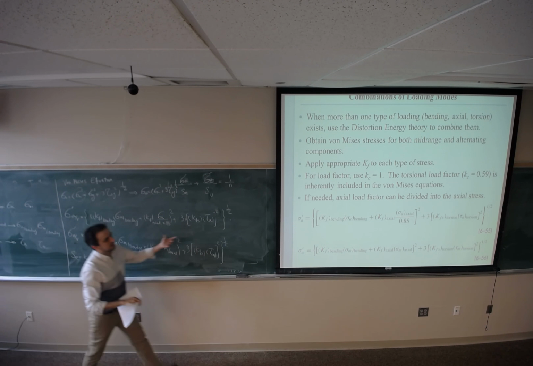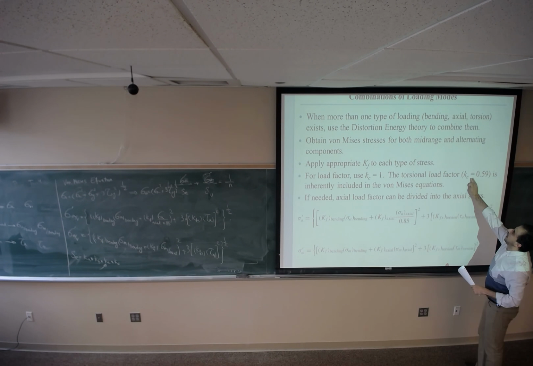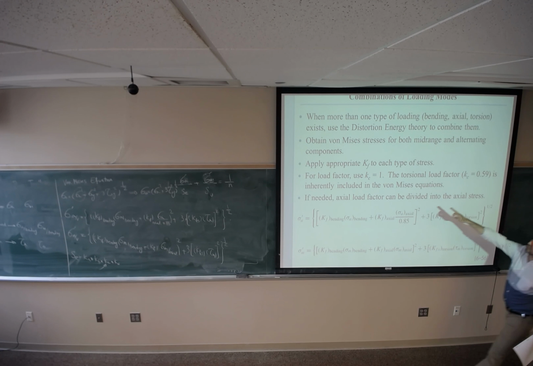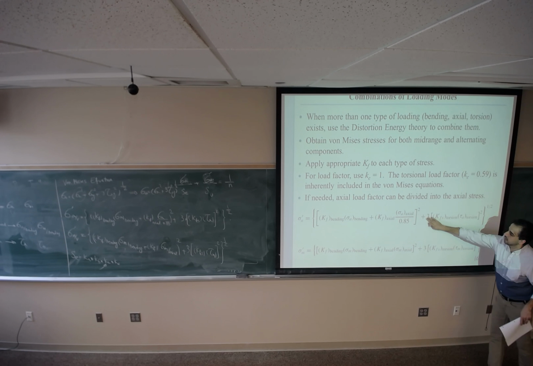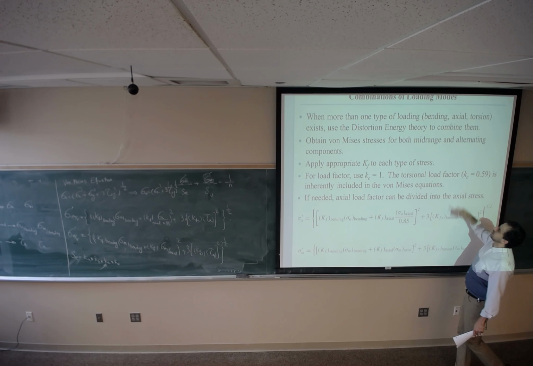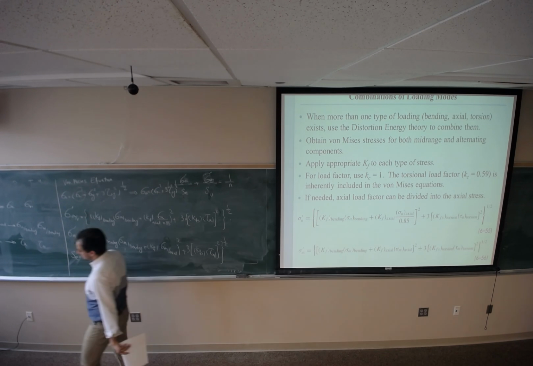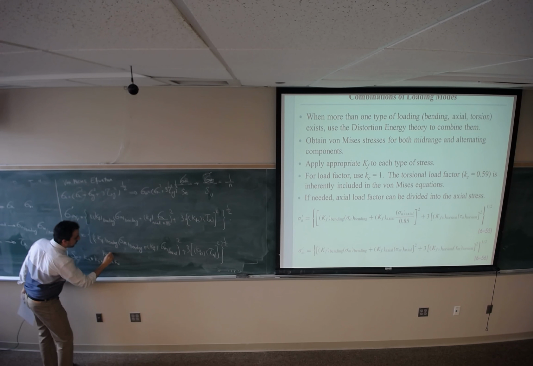Since we already consider this factor here, we are going to use Kc equals to 1 because this factor is already considered on this factor. So 3 is going to cover 0.59, so we don't need to multiply to have Kc equals to 0.59. We just use Kc equals to 1 when we have combined loading.